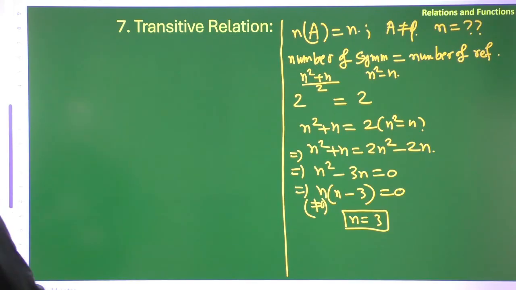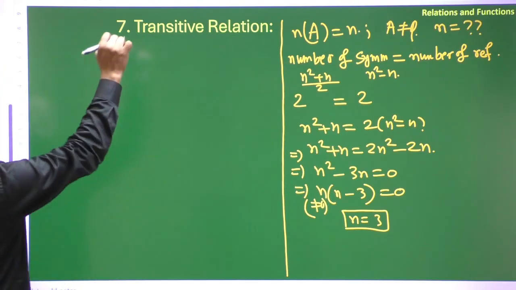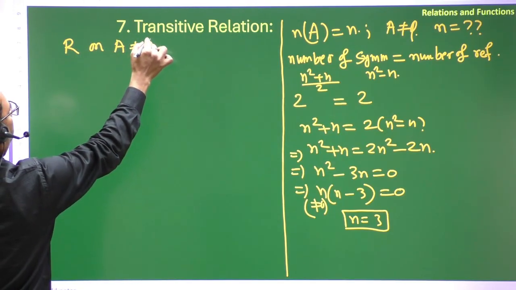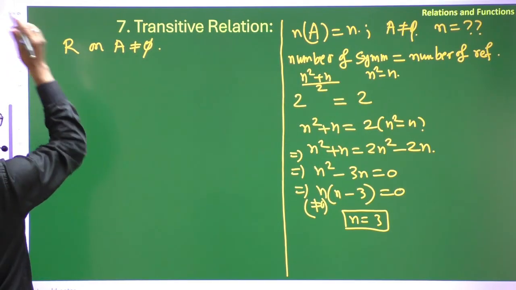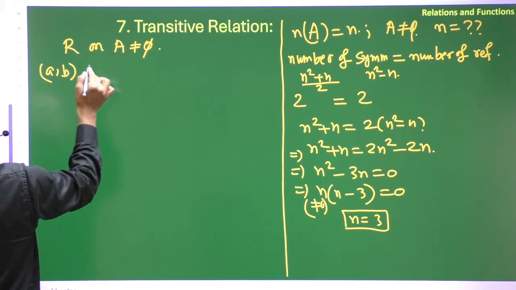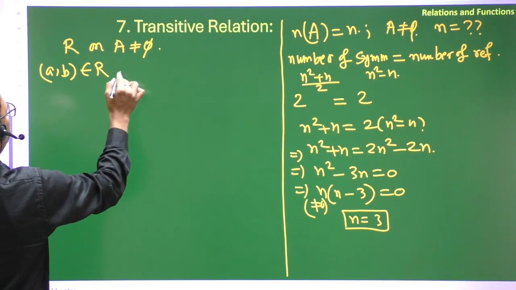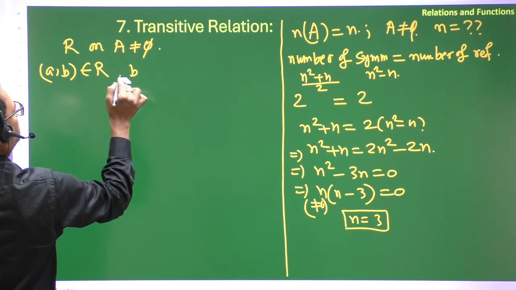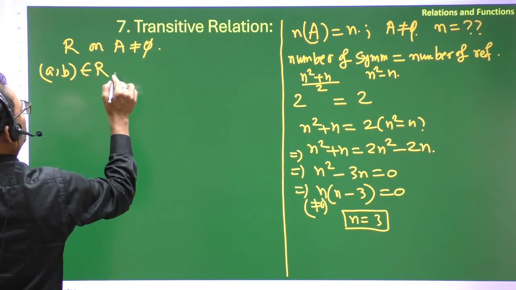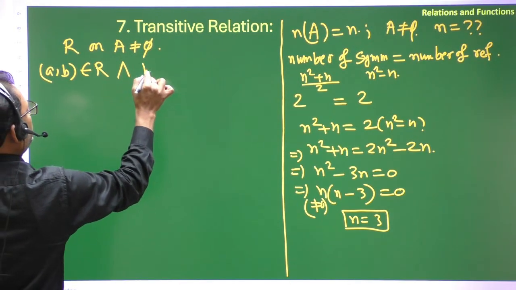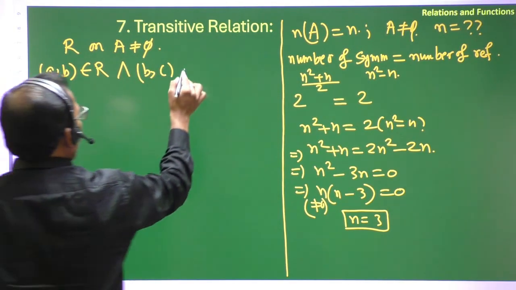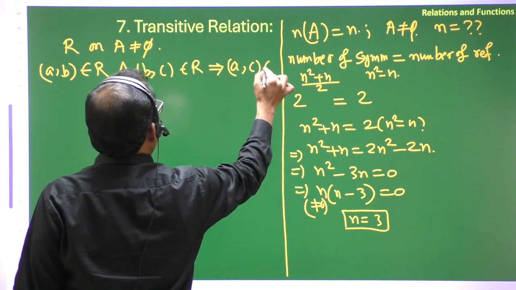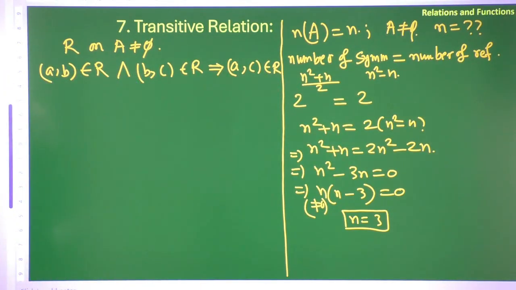Okay, now coming to the transitive relations. What does it actually mean? If you define a relation on the set A which is not empty, then if (A, B) belongs to the relation R and at the same time (B, C) belongs to R, then it will imply (A, C) belongs to R. Then it is a transitive relation.